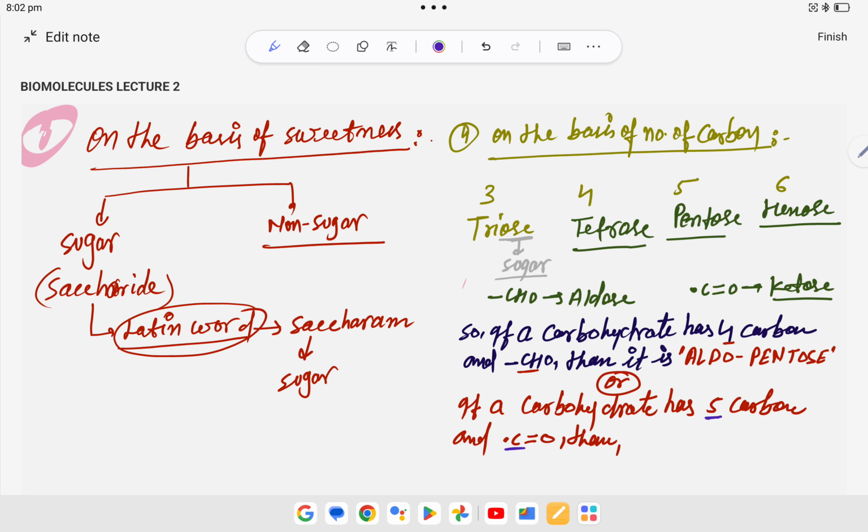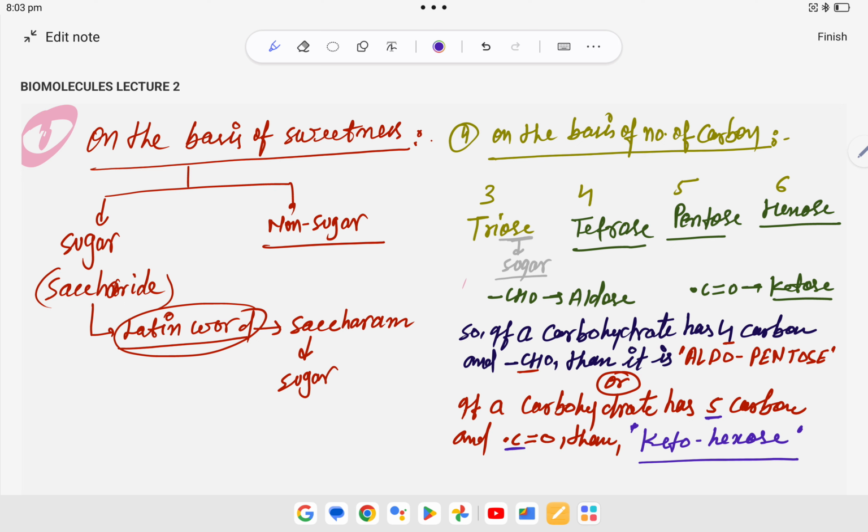So it is ketohexose. Name will be ketohexose. So that is the important part. So 4 classifications done.